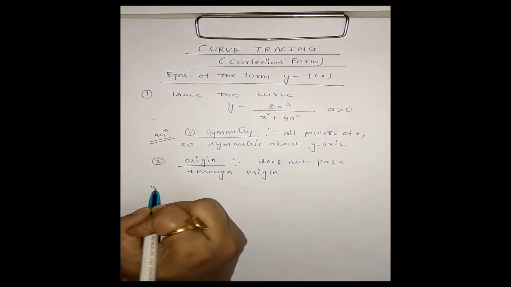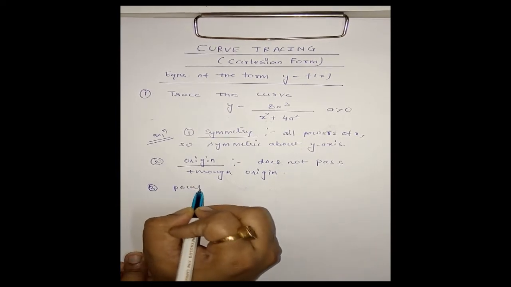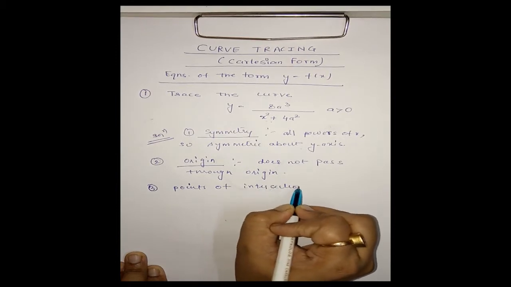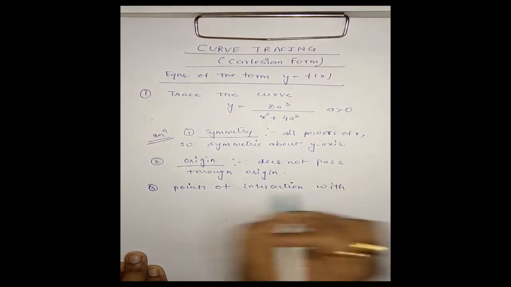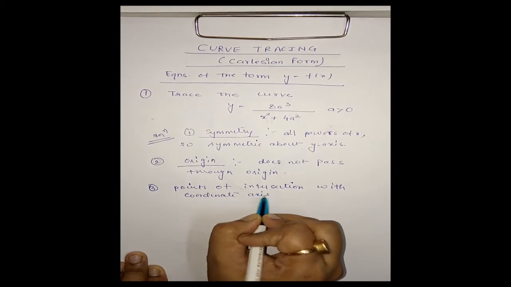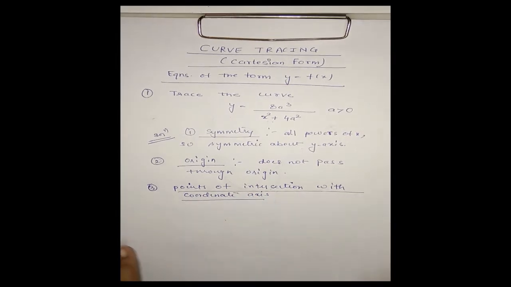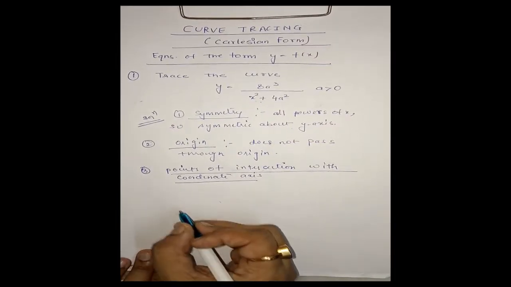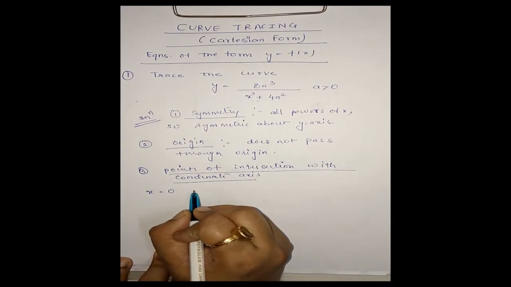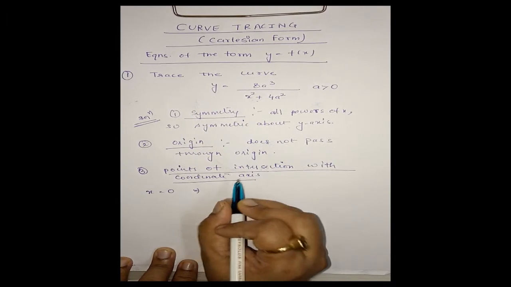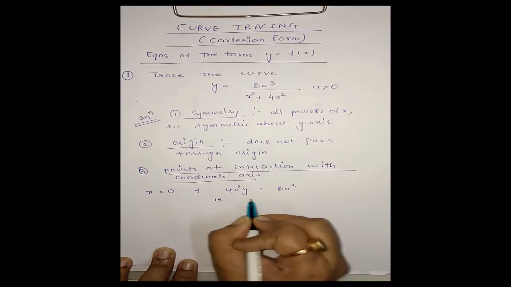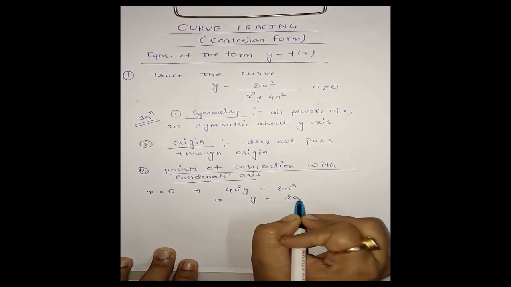Next, we have to find the points of intersection with the coordinate axes. When x is equal to 0, we have 4a square y is equal to 8a cube, that is y is equal to 2a.